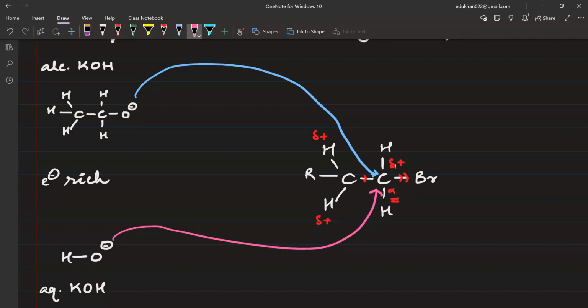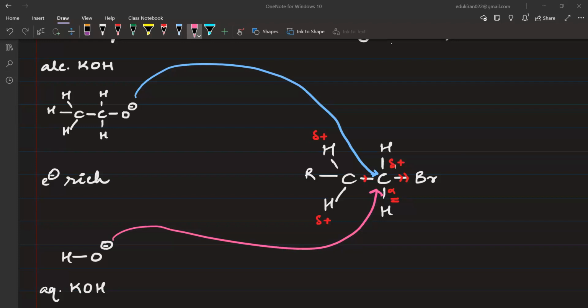Fine, if I am only looking at the charges, is this understood? Yes or no? Please tell me. Fia, Hafsa, Mariam Khatun, Rabba, Tarif, Rabia, Shahid. The preferred site for attack should be the most positive carbon, right? That is the alpha carbon. Yes or no? Yes, sir. All of you understood this now?